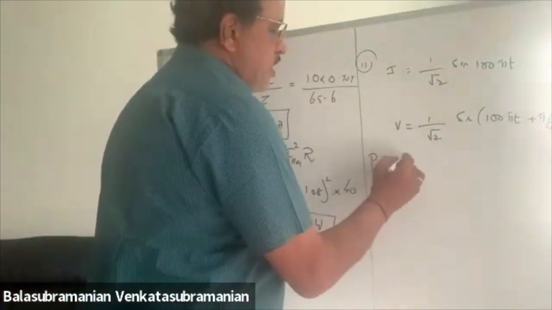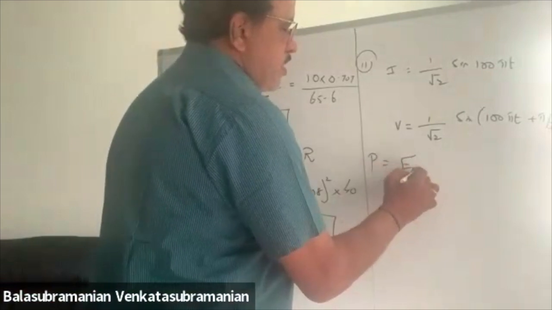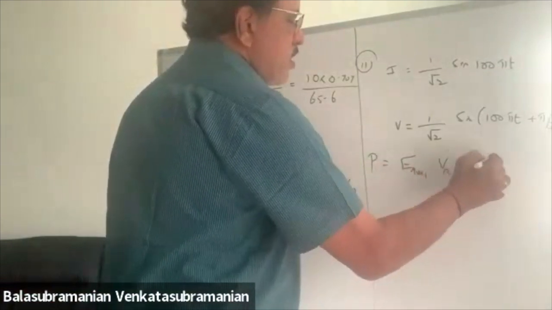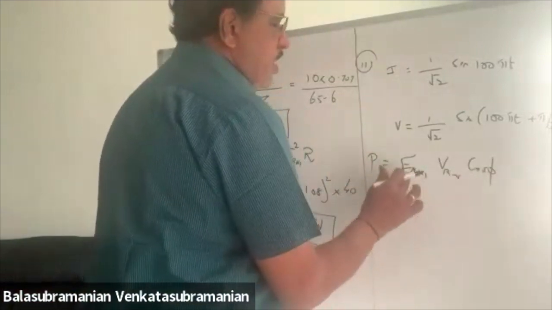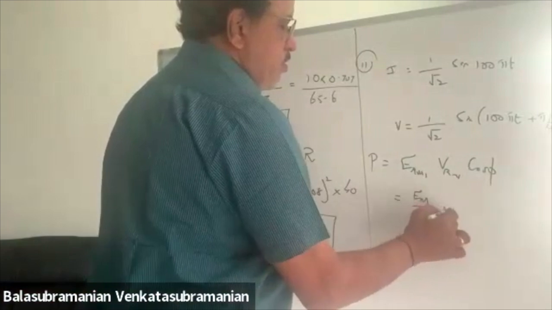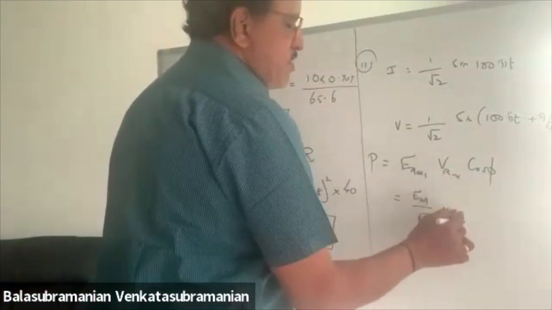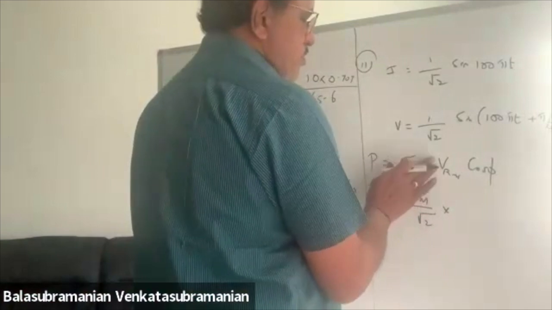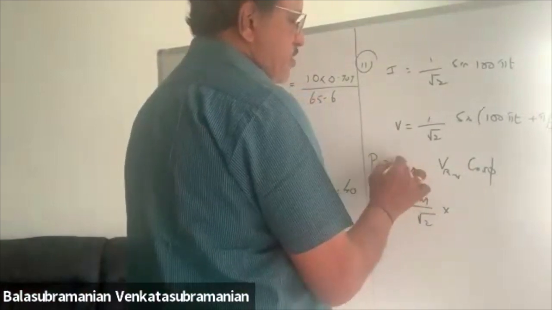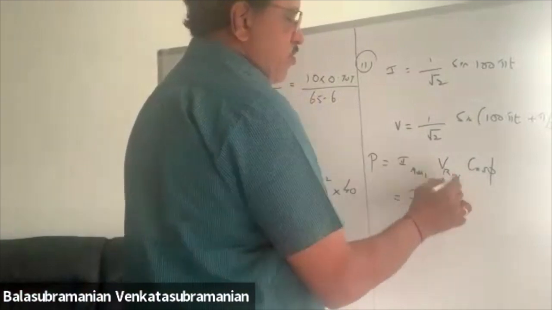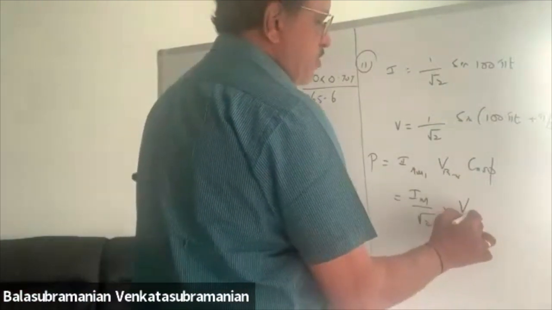Power is VRMS IRMS cos phi. VRMS means V maximum by root 2.